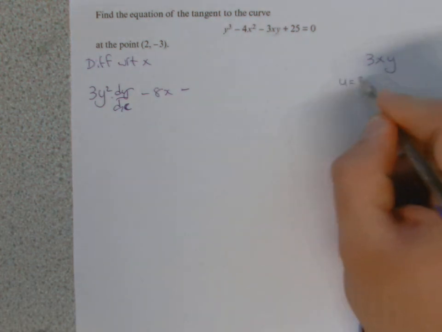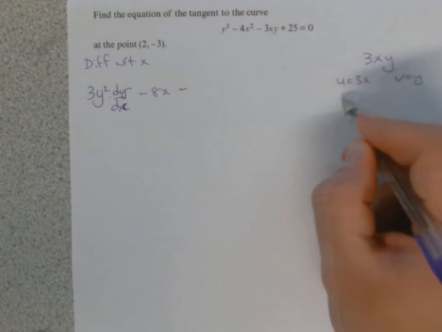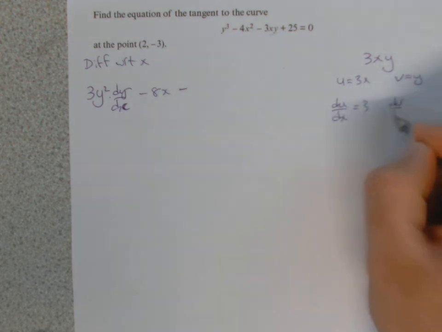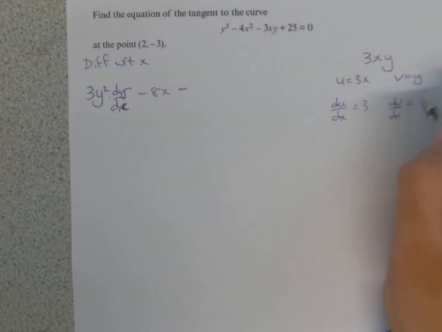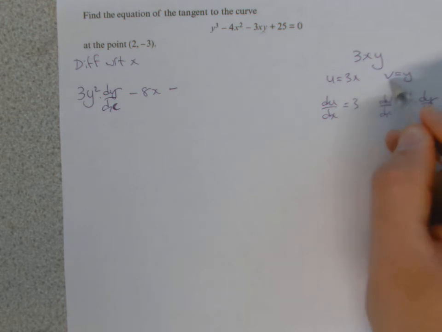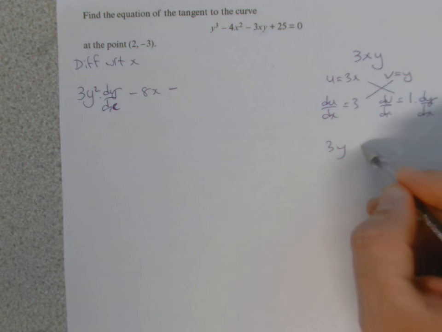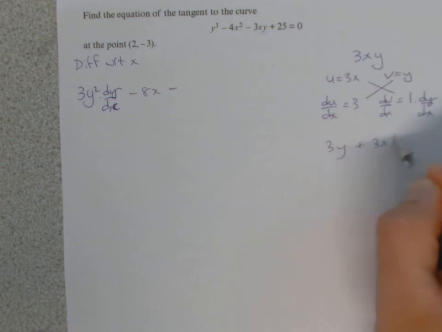So u will equal 3x, v will equal y, so du/dx then is 3, dv/dx, of course differentiate that with respect to x, well you can't, so you differentiate the y function, you get 1 times dy/dx. Okay, so the product rule means you do the crisscross thing, so v du/dx, which is 3y, plus u dv/dx, which is 3x dy/dx.